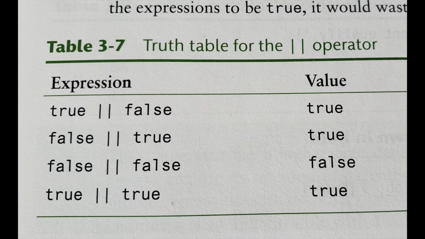The truth table for this operator is that all the cases are going to be true unless both conditions are false. So true or false will give you true, false or true will give you true, false or false will give you false, and true or true will give you true.